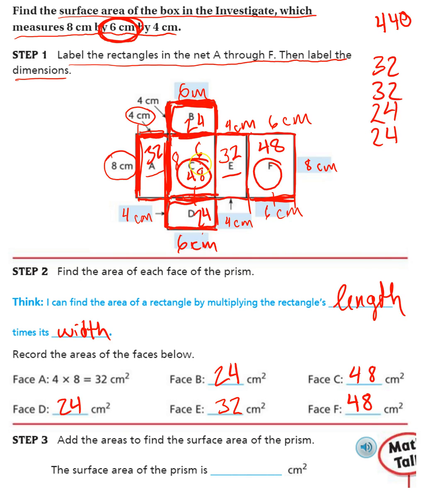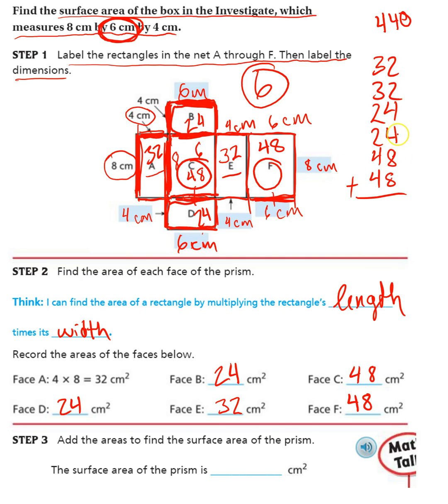We're going to be doing the top and the bottom, both 48. Now notice, I have 1, 2, 3, 4, 5, 6 rectangles that I'm finding the area for. That means I found the area for all the sides of the rectangular prism, since I have 6 rectangles that I found the area for.